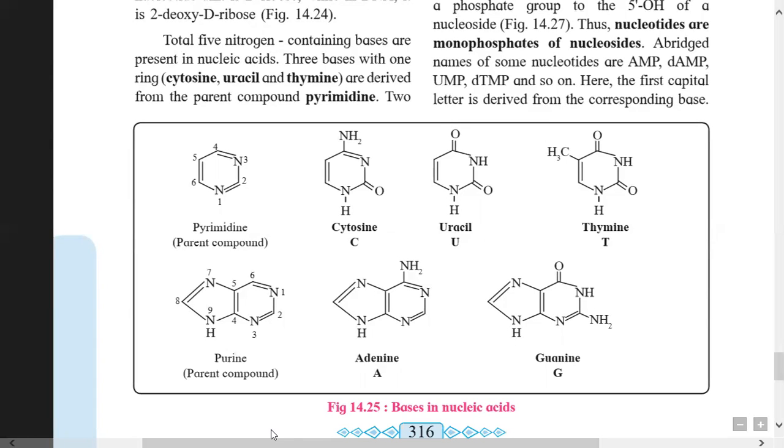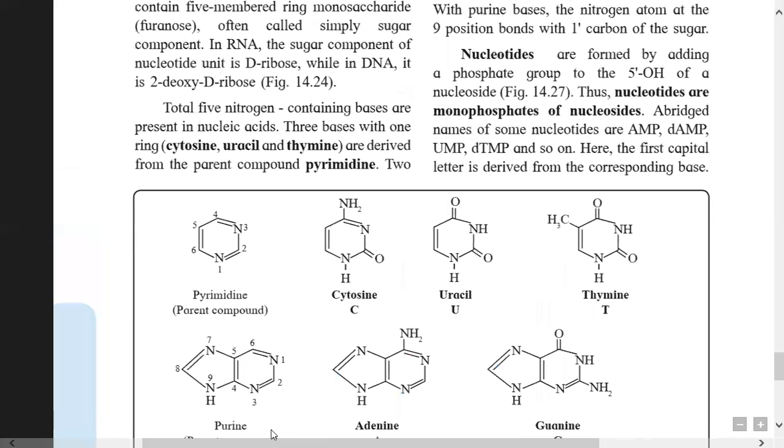First position and third position have nitrogen, and seventh position and ninth position again have nitrogen. The ninth position has an NH group in purine. Then in adenine, the NH2 group is present at carbon number 6, and in guanine, the NH2 group is present at carbon number 2.